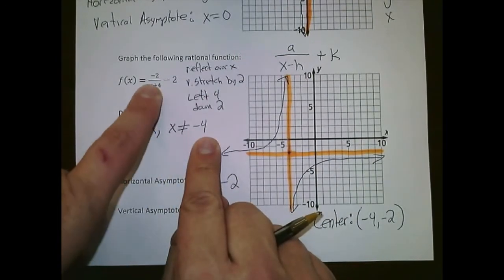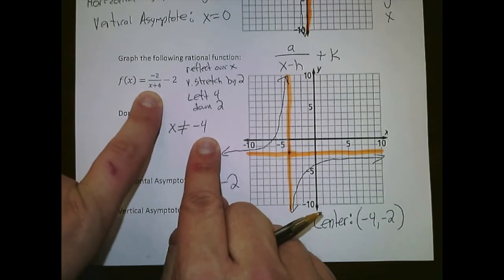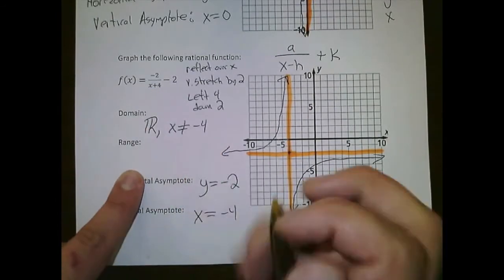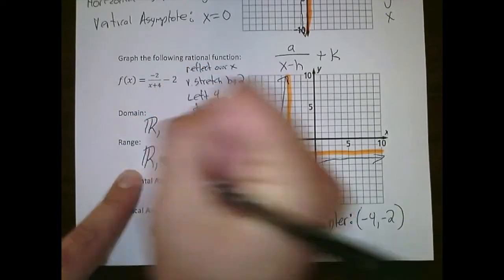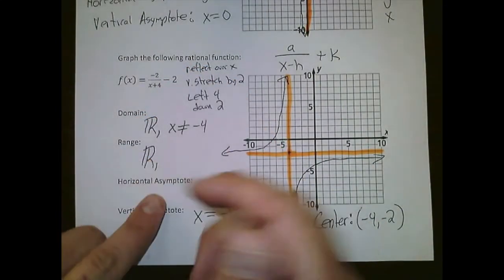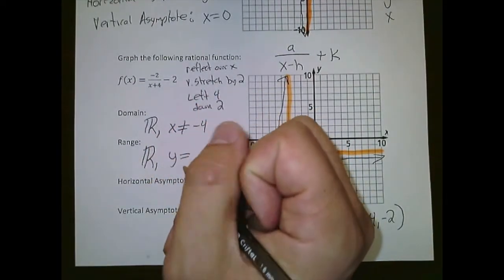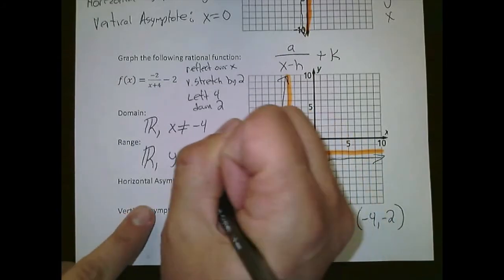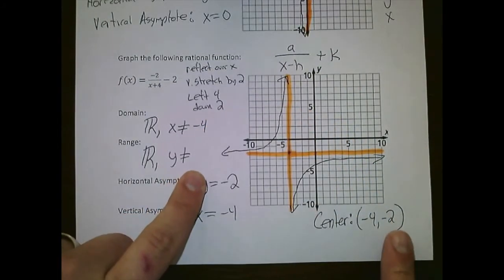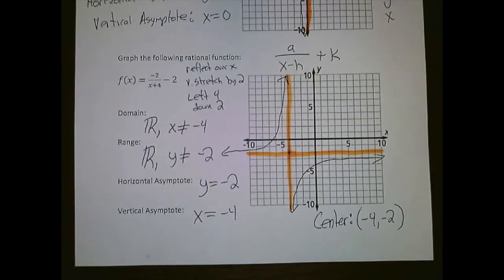The reason for this is if you plug in -4 into the denominator here, you're going to end up dividing by 0, and we do not want to do that. For the range, you're going to get about every single y value you can think of. So I'm going to say all real numbers, except there's a certain y value that no matter what you plug in for x, you're never going to get as an output for y. So y will never equal, again from our center point, -2.